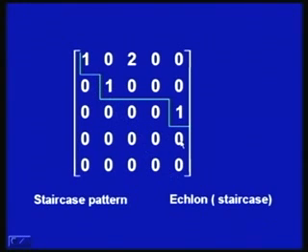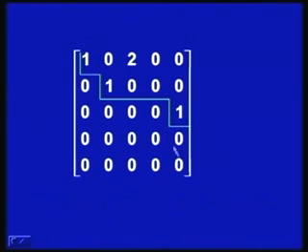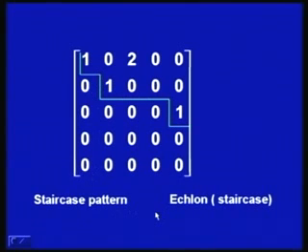All elements below this boundary are 0, while the non-zero elements are on the upper side of this boundary. This boundary forms a staircase pattern, and that is why we call it an echelon form. So this row reduced matrix is also called the echelon form.